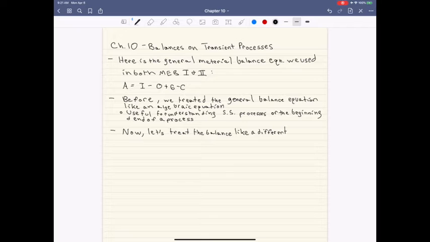And so what that means is that our accumulation term now, our A here, it's not going to be a constant anymore. What we're going to say is it's going to have this form, where Y here is some variable that changes over time, whether it's mass, volume, concentration, or temperature.